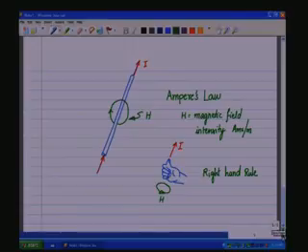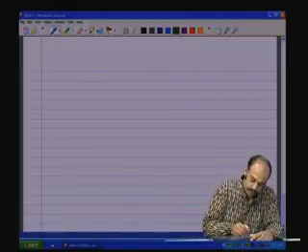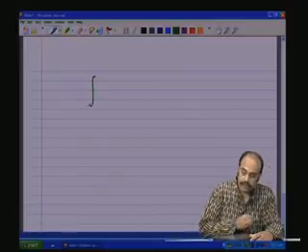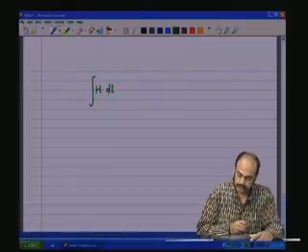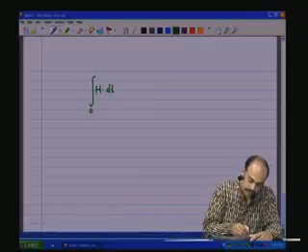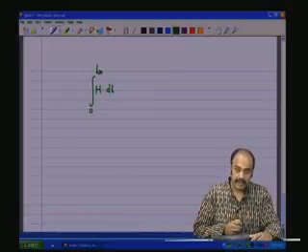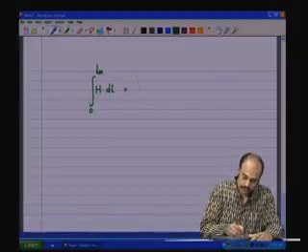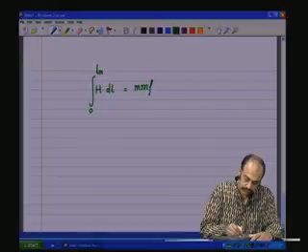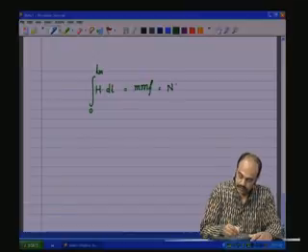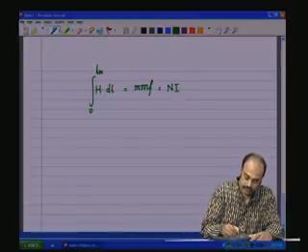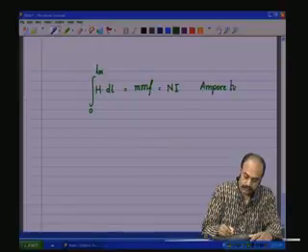Now, mathematically we can state the Ampere's law as integral of H dot dl, 0 to Lm, which is the magnetic path length, is equal to mmf or amp turns N into I. This is in ampere turns.